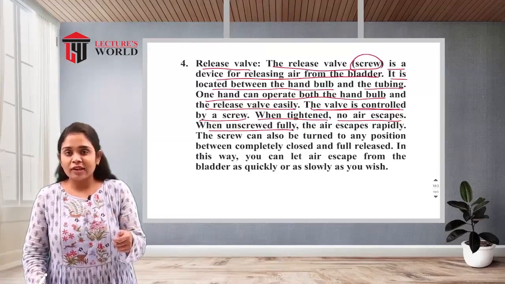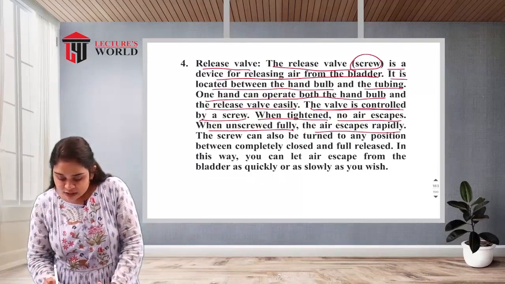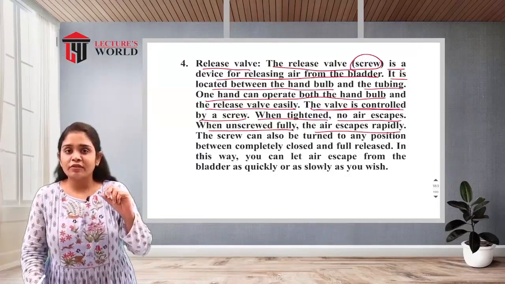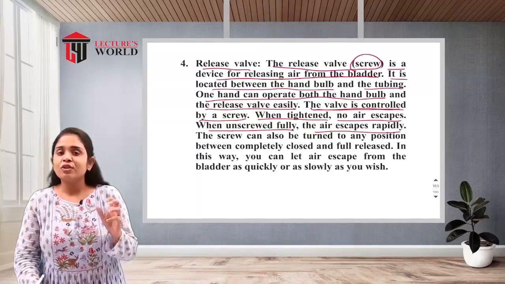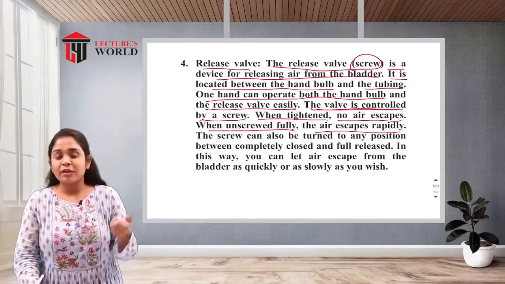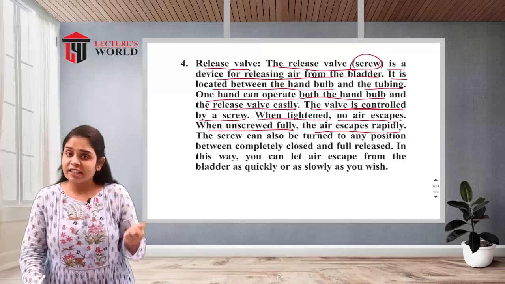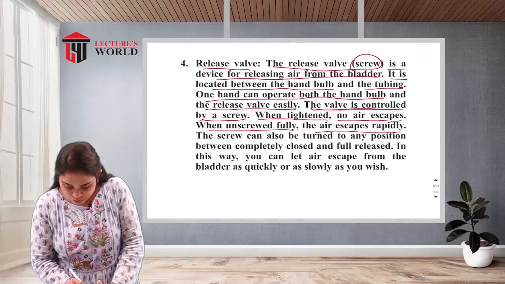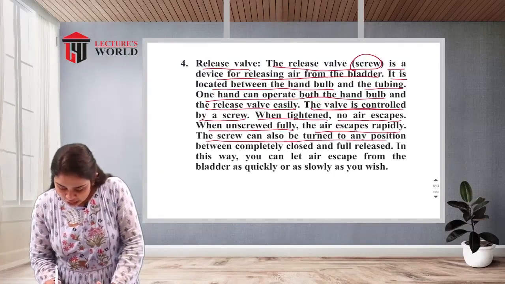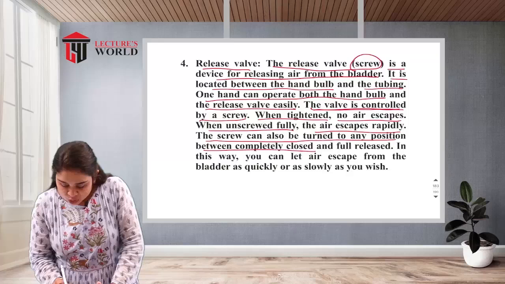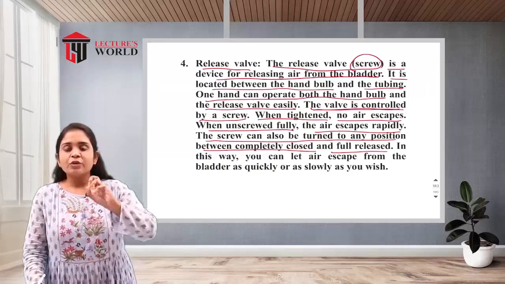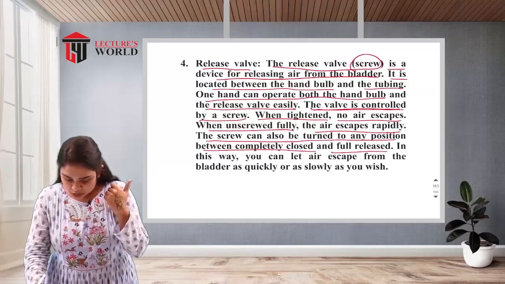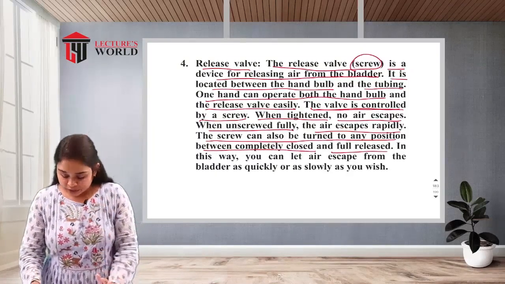If we tighten it very tightly, no air will escape from the BP cuff. The screw can be turned to any position between completely closed and fully released.